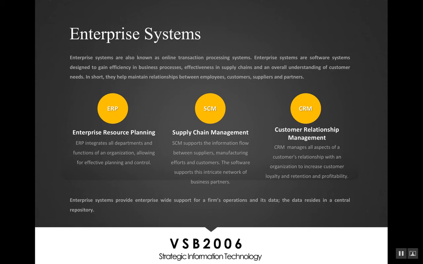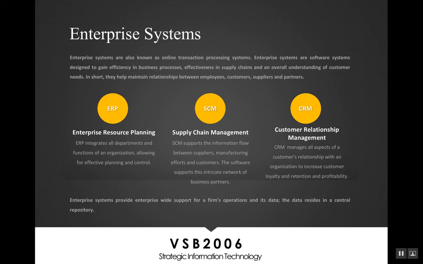Whereas your traditional application systems are focused on one particular function, like accounting or sales orders, the ERP system incorporates all of those under one system, integrates all of those pieces together, so you see it as a whole.